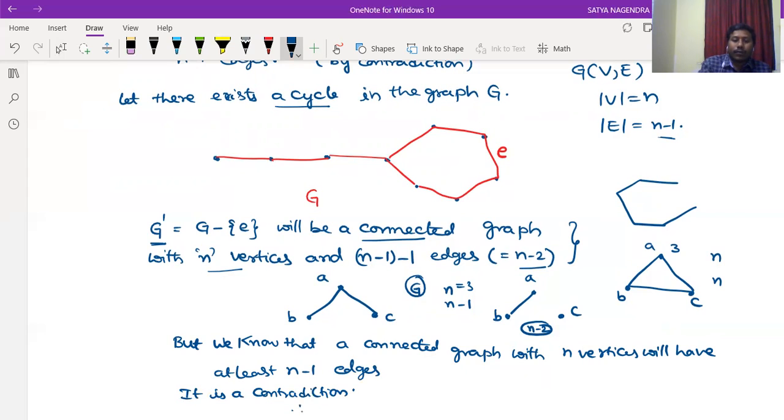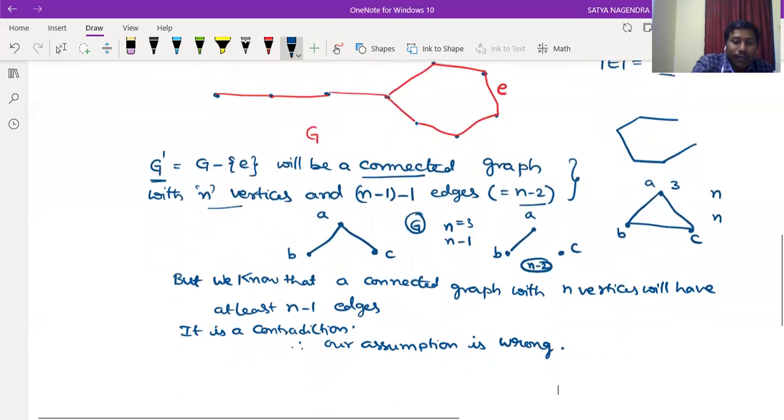We are getting this wrong statement. So therefore, our assumption is wrong. What is that assumption? There exists a cycle. So there doesn't exist any cycle in the graph, but that graph is connected already.